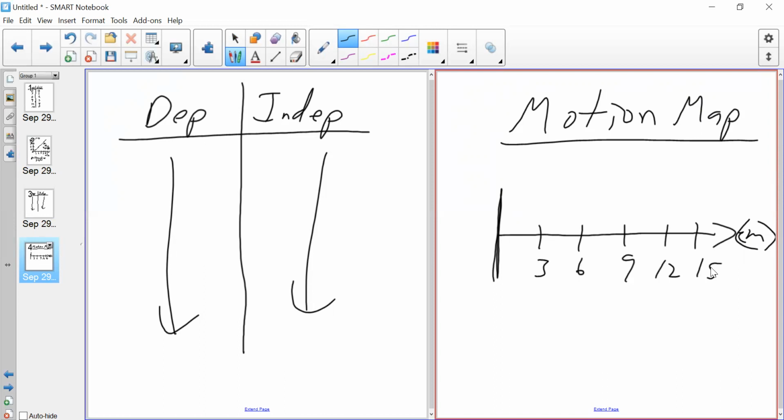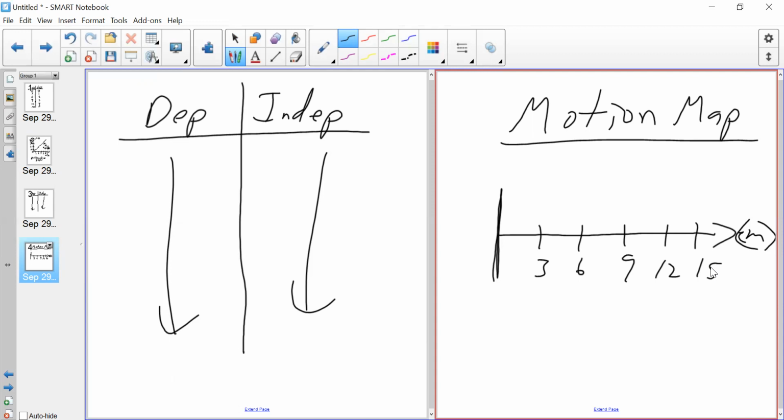So all a motion map is, we're trying to show the viewer where the object is after every second. And each second is going to be represented by an arrow. And then we can put a dot after 1 second or after 2 or whatever the time units are. In our case, it's going to be 1, 2, 3, 4, 5.